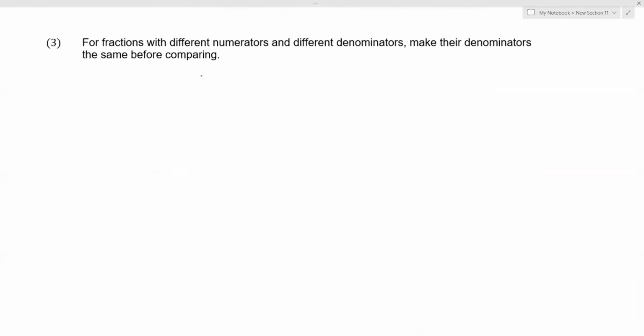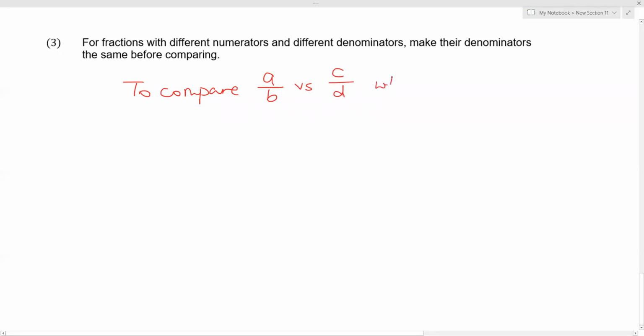So, to compare a over b versus c over d, where a is not equal to c and b is not equal to d, we somehow need to make b equal to d.